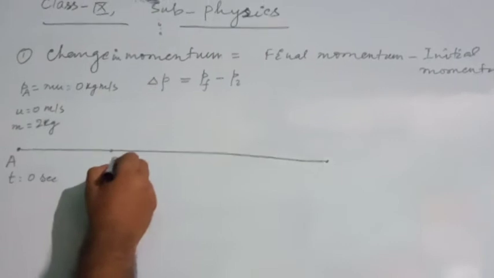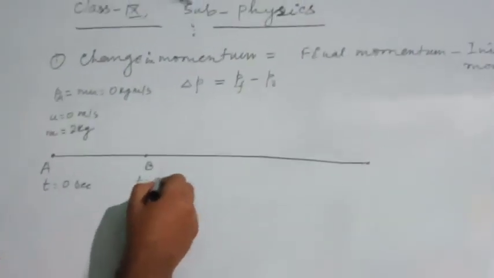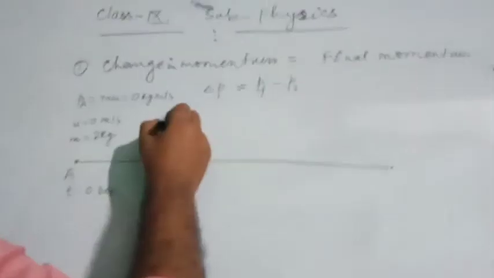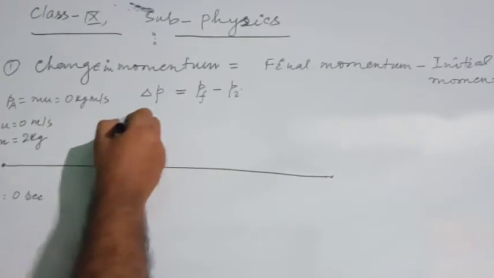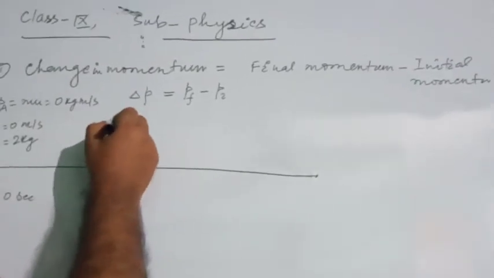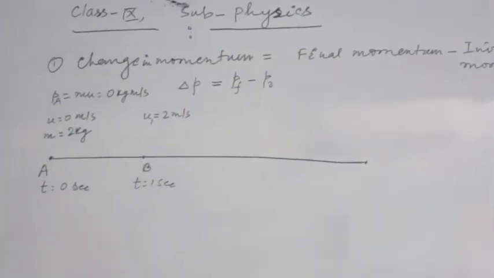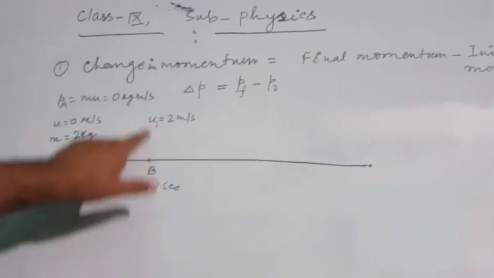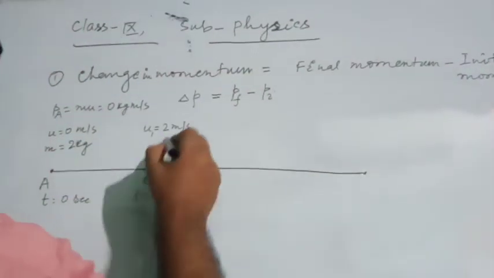At point B, after 1 second, its velocity increases by 2 meters per second. It means at point B, the velocity of the object is 2 meters per second.